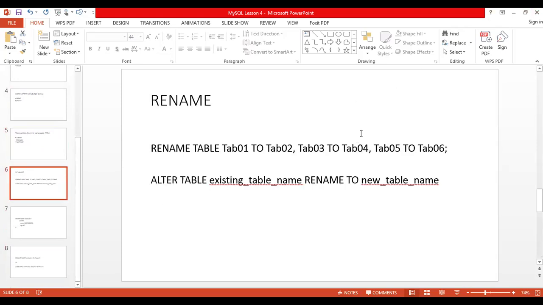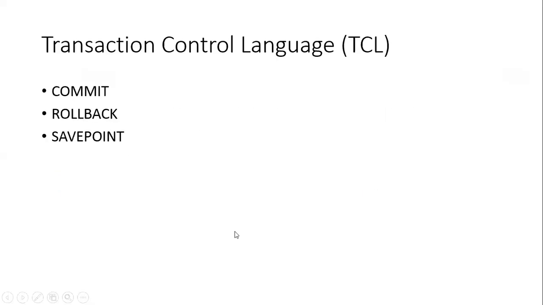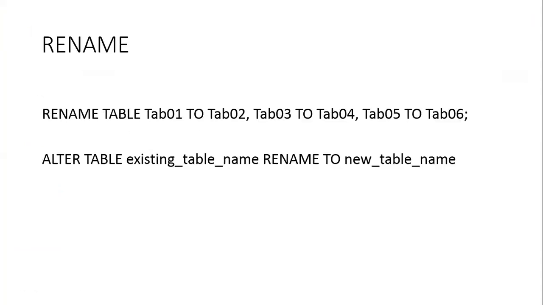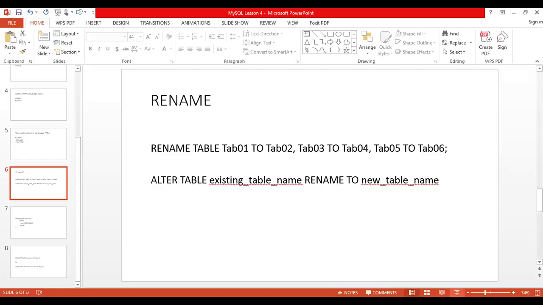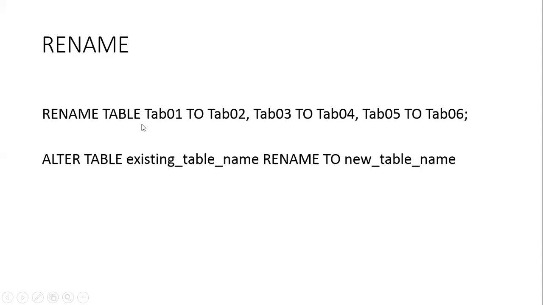How does rename work? There are two ways you can rename an object. Let's say you want to rename a table. You can use the rename statement like this, rename a table called admissions to registrations, for example.